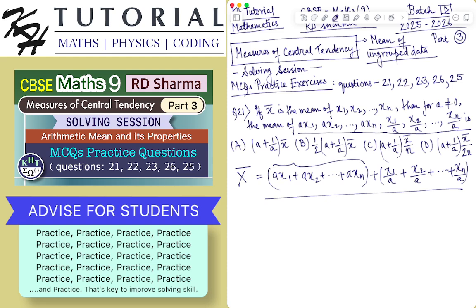Over here we have n number of observations, and again over here we have n number of observations. So total number of observations is twice n.